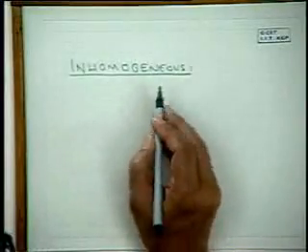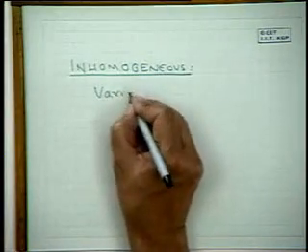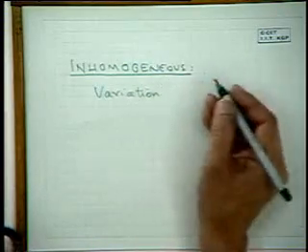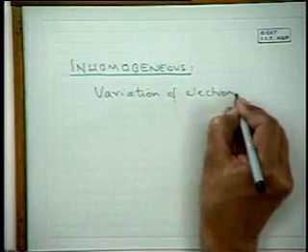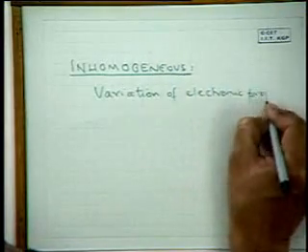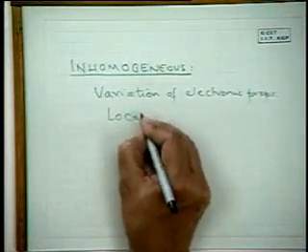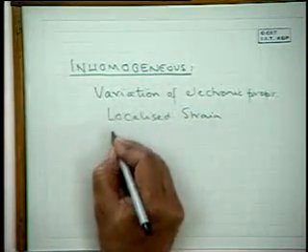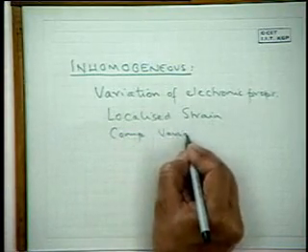What does that mean? It is the inhomogeneous component which is giving sample-to-sample variation, so variation of the electronic properties gives you inhomogeneous line width broadening. For example, if there is a localized strain, or a compositional variation, say in gallium aluminum arsenide, the aluminum concentration varies from point to point.